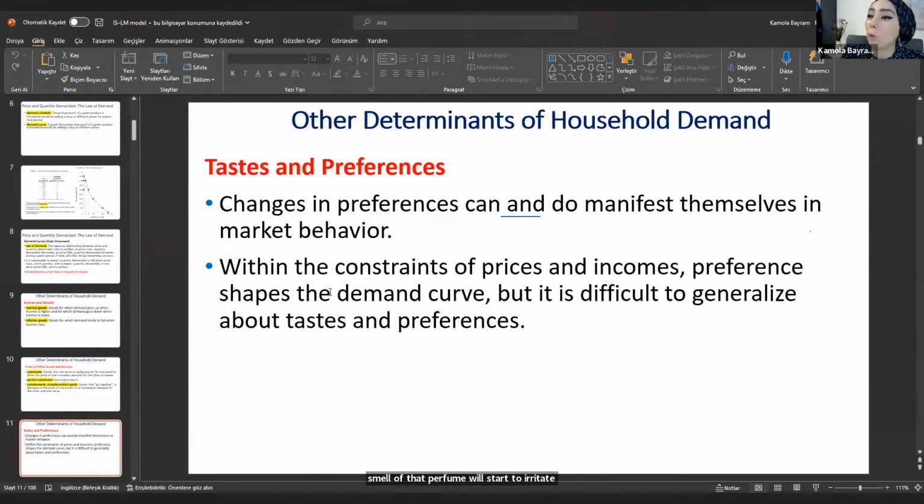Then even if someone gives it to you for free, you are not going to use it. Taste and preferences are one of the most difficult factors to predict. So within the constraints of prices and incomes, preference shapes the demand curve, but it is difficult to generalize about taste and preferences.